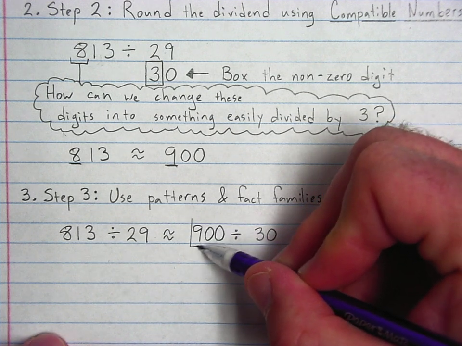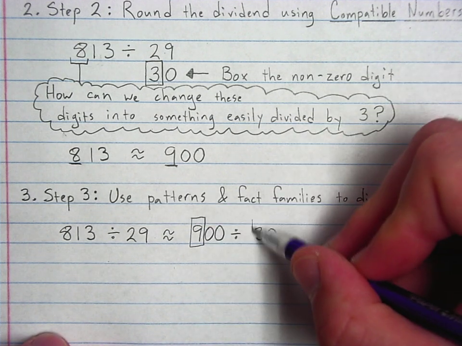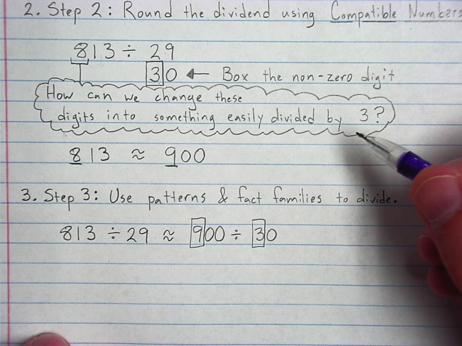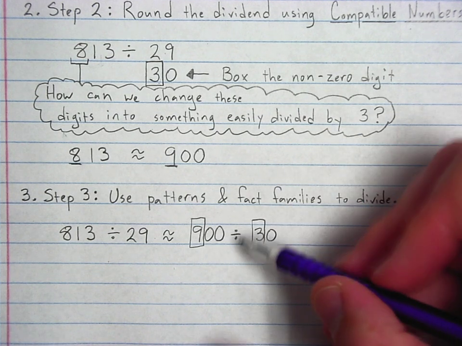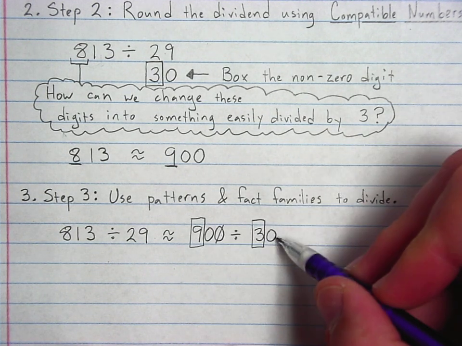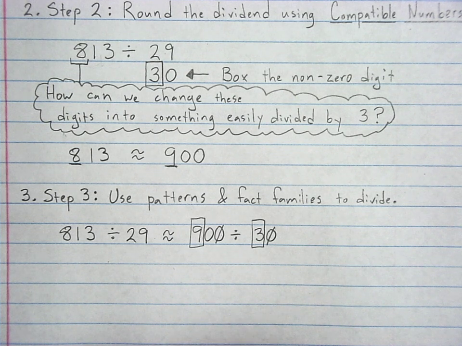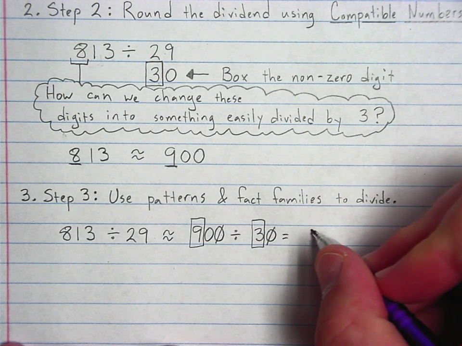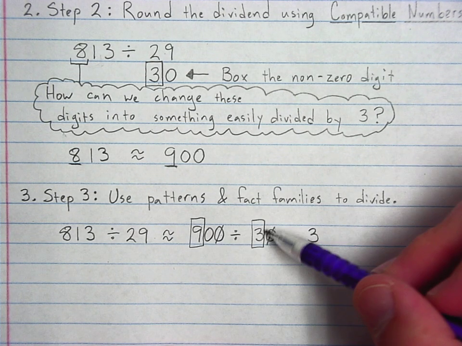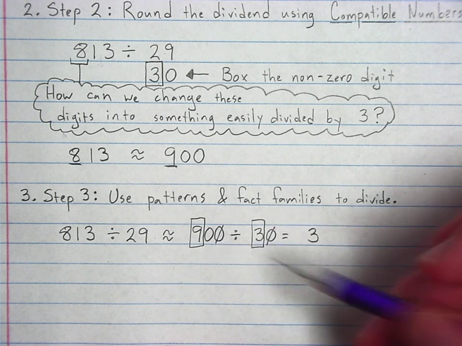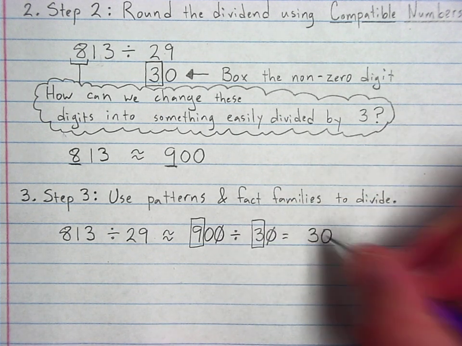Now I can use the rules from lesson 2-16, box up the non-zero digits, cross out pairs of zeros, ones place, gone, come up with an estimate. 9 divided by 3 is 3. 1 0 left gets carried over.